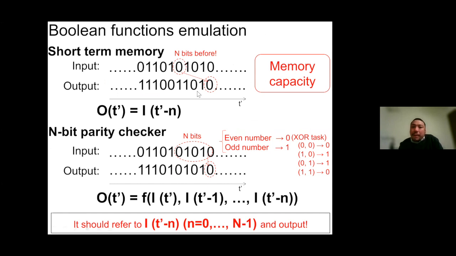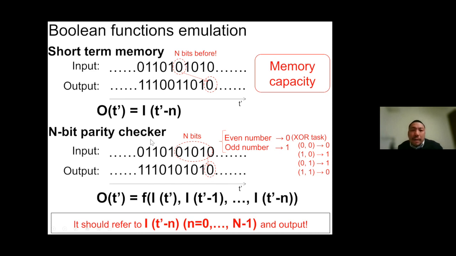If you can output the previous input, then it means that the current state of the arm somehow includes the information about the previous input. We can investigate the memory capacity by using this task. The second one is the n-bit parity checker. This task also requires memory, but the mapping is intrinsically nonlinear.